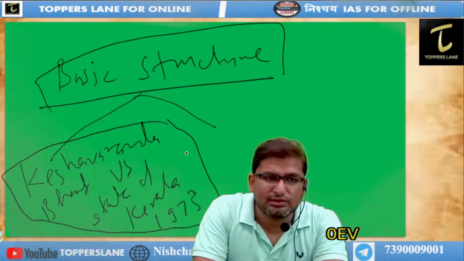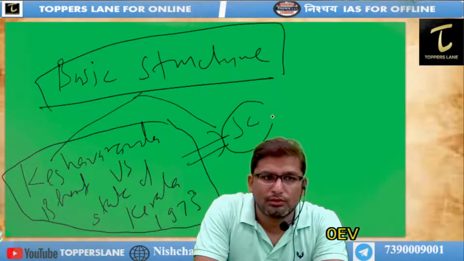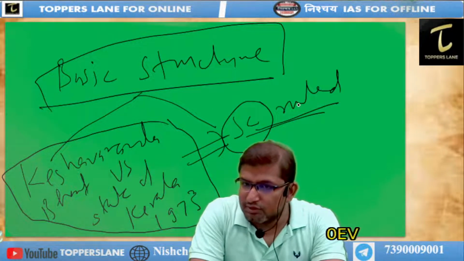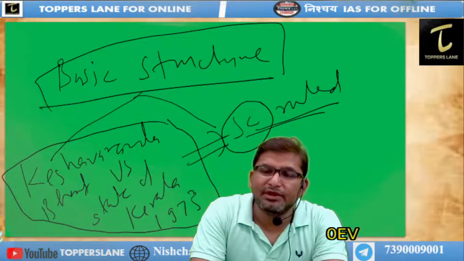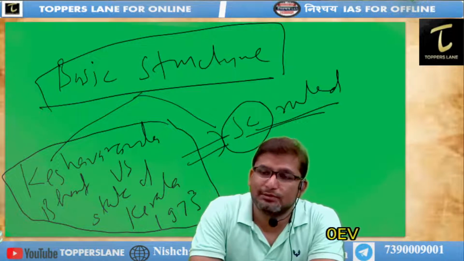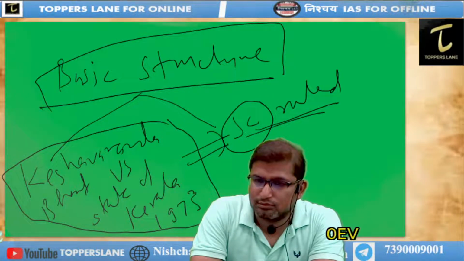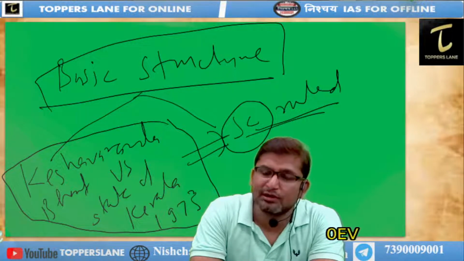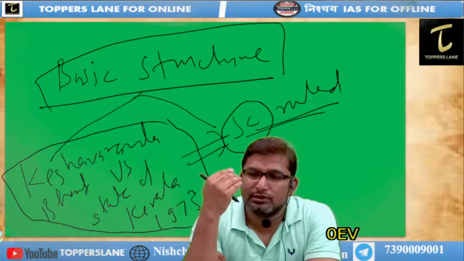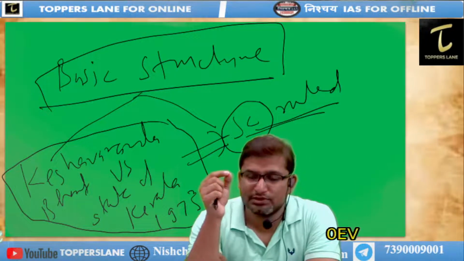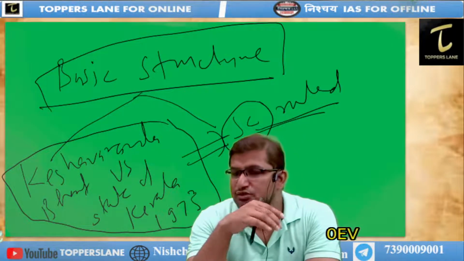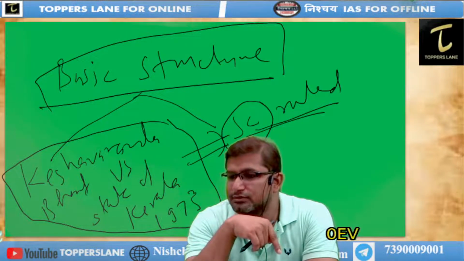In this case, the Supreme Court ruled that Parliament can amend any part of the Constitution without destroying the basic structure of the Constitution. And what would be the basic structure would be decided by the judiciary itself. Means there is no mention of basic structure in the Constitution.